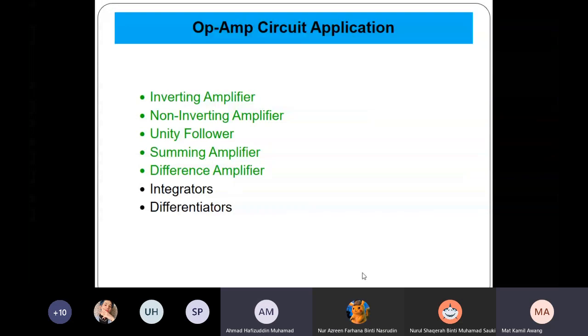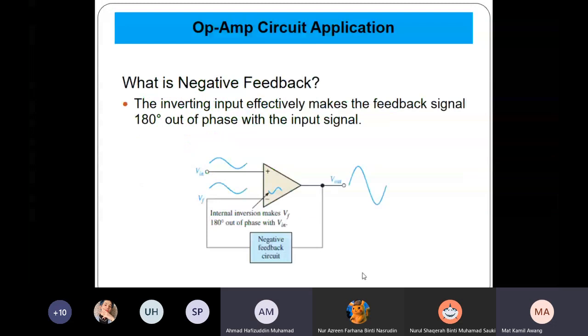Before we go into the specific applications, we talk about the feedback that I mentioned previously. We are going to see why we need feedback when we do the OpAmp circuit application. So first of all, what is negative feedback?